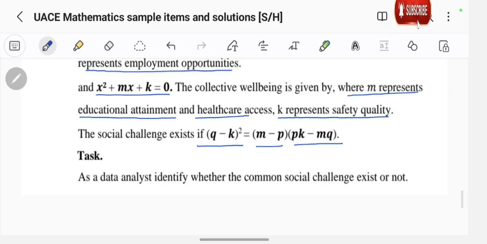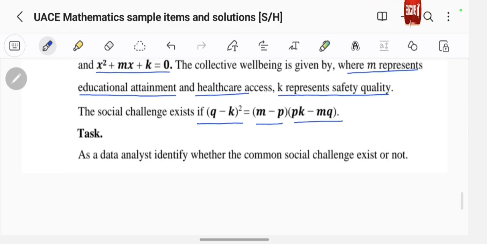So the task is, as a data analyst, identify whether the common social challenge exists or not. This one is a proof number from our old curriculum.